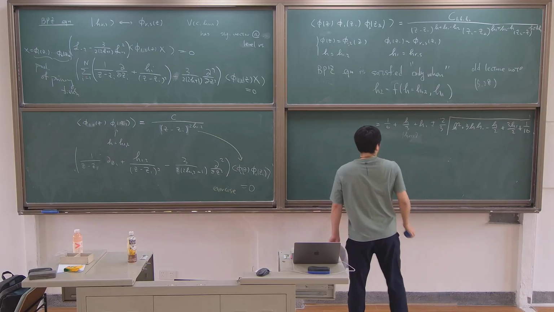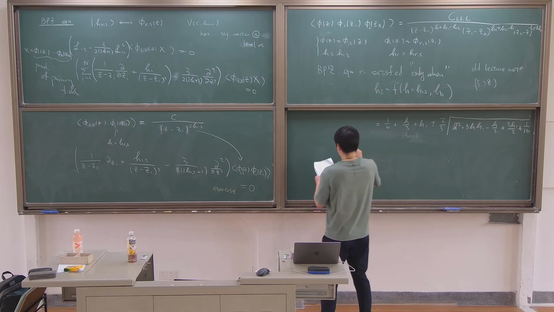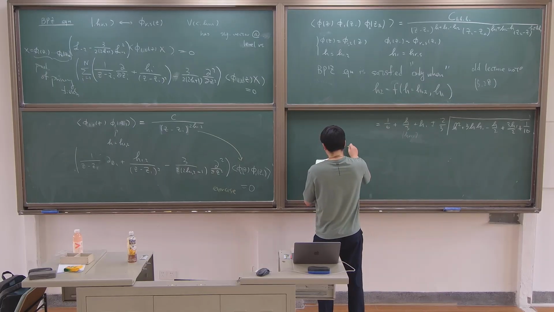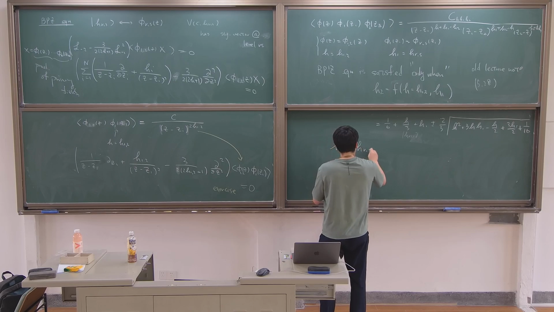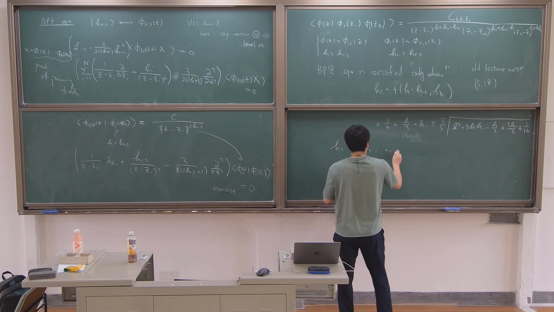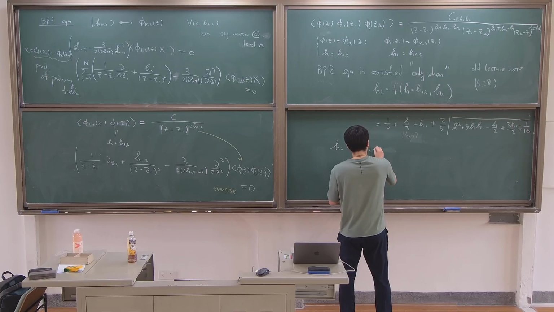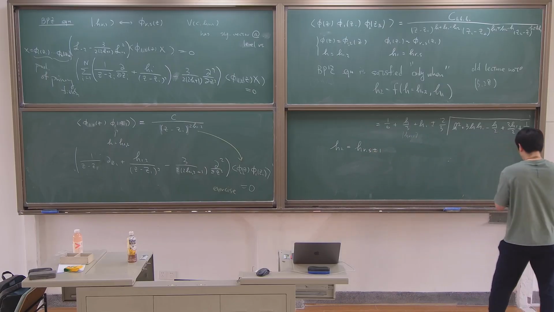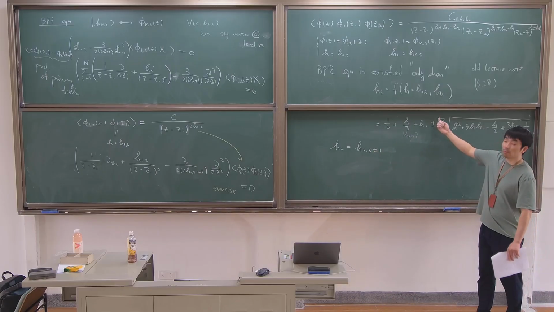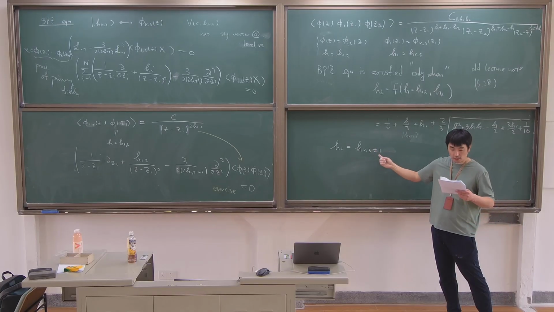Okay, so then it turns out that H2 can be H_RS plus or minus 1. That's the case. Depending on plus or minus, you get S plus or minus.